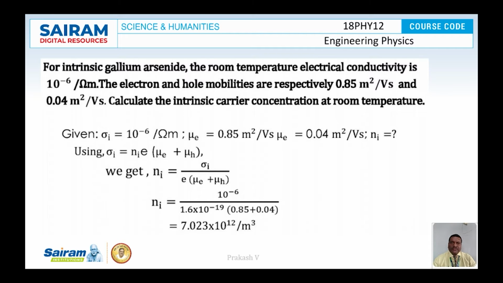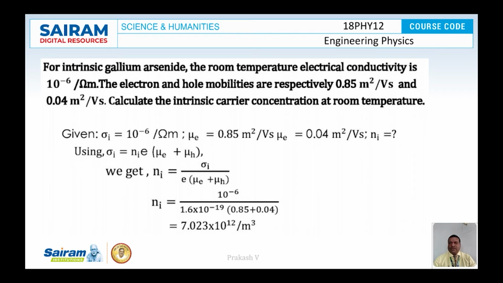Calculate the intrinsic carrier concentration at room temperature. So here the given data is sigma i equal to 10 to the power minus 6 per ohm meter, mu e is 0.85 meter square per volt second and mobility of hole is equal to 0.04 meter square per volt second. So we have to calculate Ni.